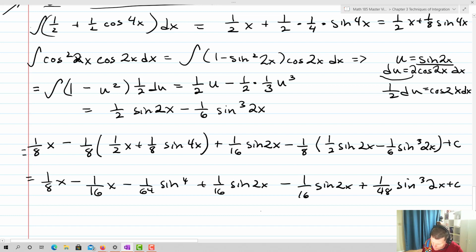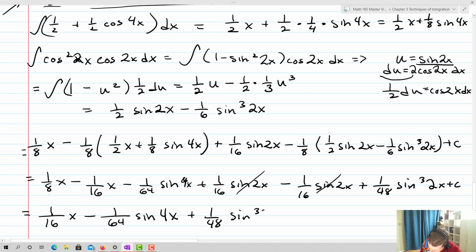And so when we put everything together, that 1/8 x minus 1/16 x is going to be 1/16 x minus, and let's just do them in terms of powers, minus 1/64 sine 4x. These two cancel. They're going to go away. So 1/16 sine 2x and minus 1/16 sine 2x cancel, plus 1/48 sine cubed 2x plus c.